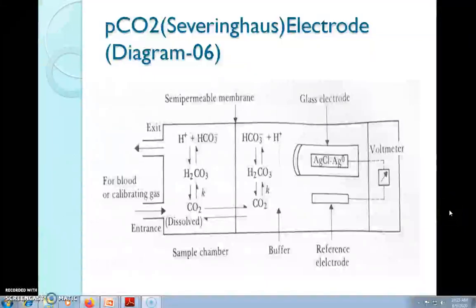When the specimen is placed in its chamber, carbon dioxide diffuses across the membrane to establish the same concentration in both chambers. If there is a net movement of carbon dioxide into or out of the chamber that contains buffer, H plus increases or decreases, and the pH meter detects this change.